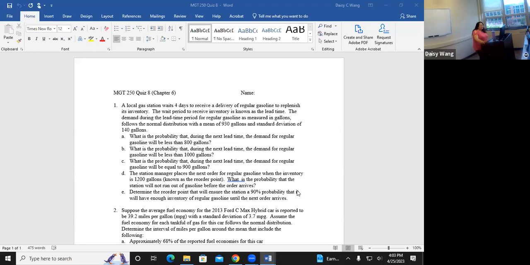The demand during those 4 days, on average, is 930 gallons, with a standard deviation of 140. We want to know the probability that during the next lead time, the demand for regular gasoline will be less than 800.